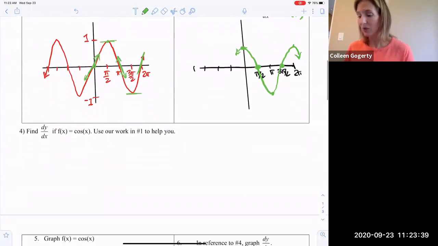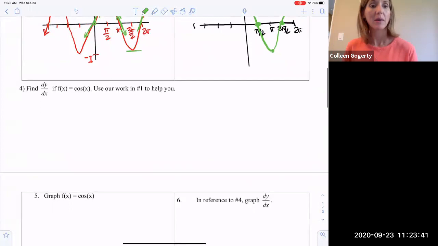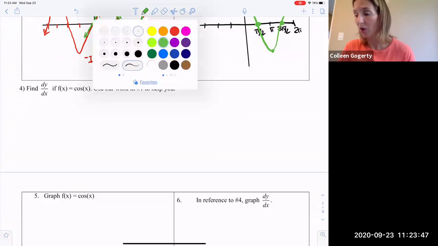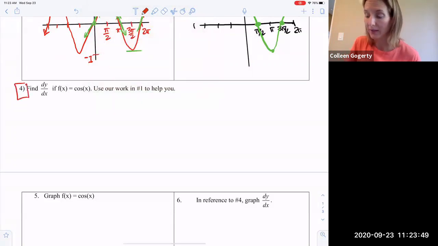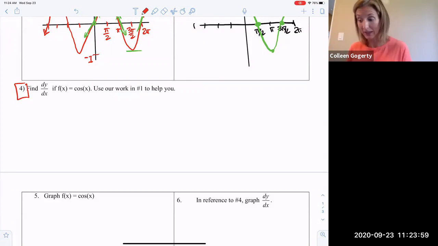Now, I'm not going to do the cosine equation for you, but based off of what I did in number 1, I would really encourage all of you to go and do this one on your own. Not even necessarily right now, but you can pause the video and try to figure this out. What does it come out to be?